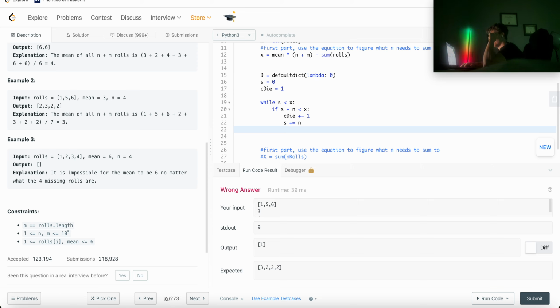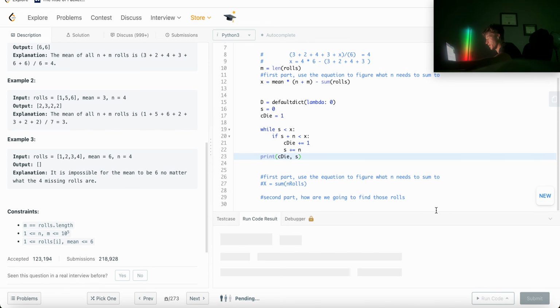So, let's see pre-sent die and our S value. I'm trying to get an idea of if this code will do what I need it to do.